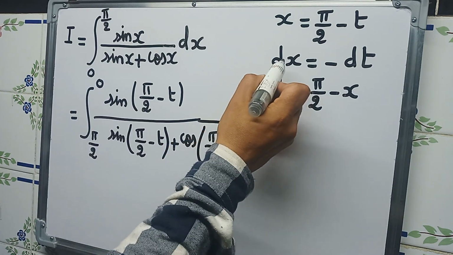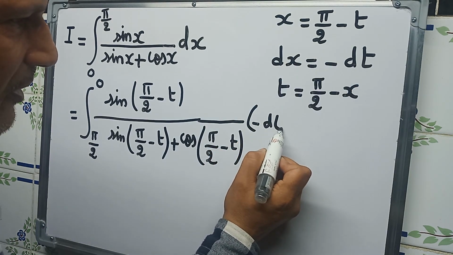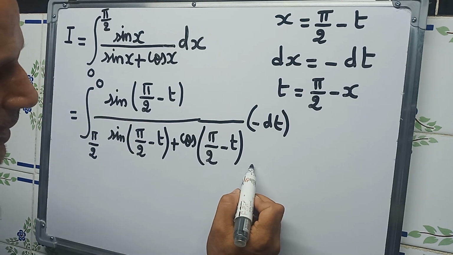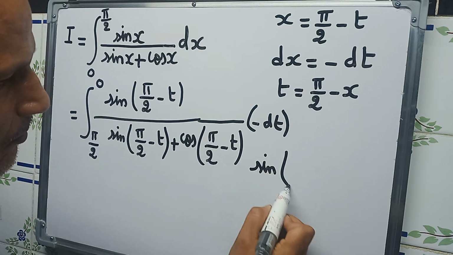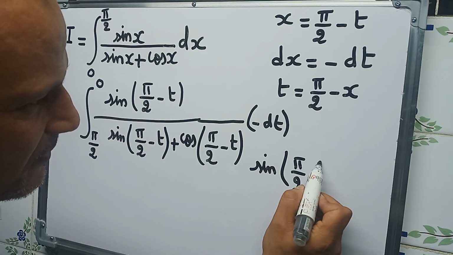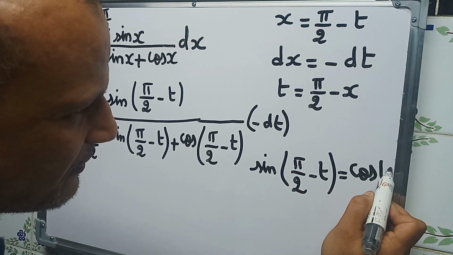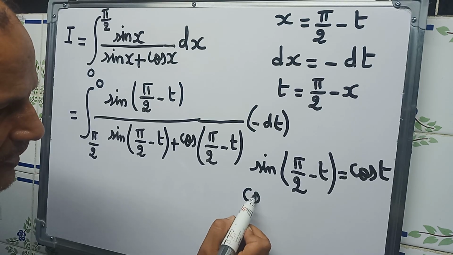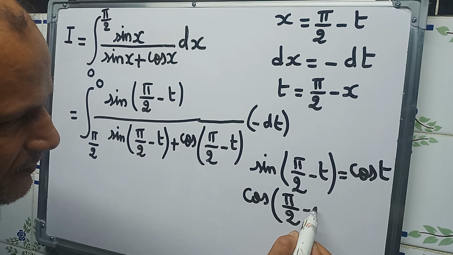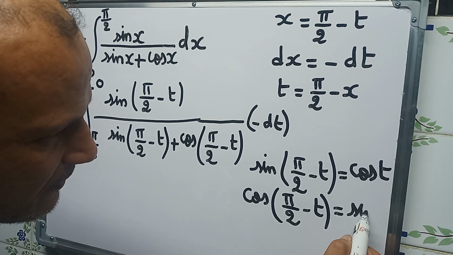And of course, we have dx equal to minus dt. And we know that sine of pi over 2 minus t is equal to cosine of t, and also cosine of pi over 2 minus t is equal to sine of t.